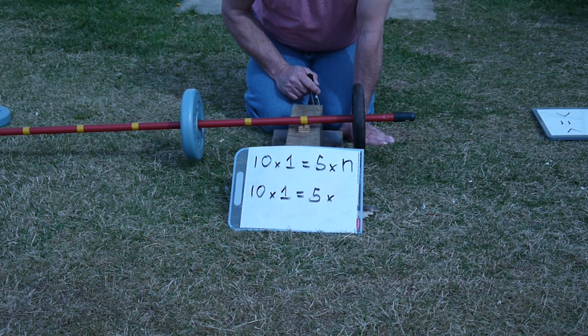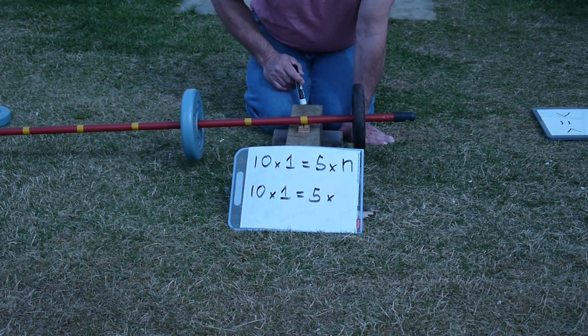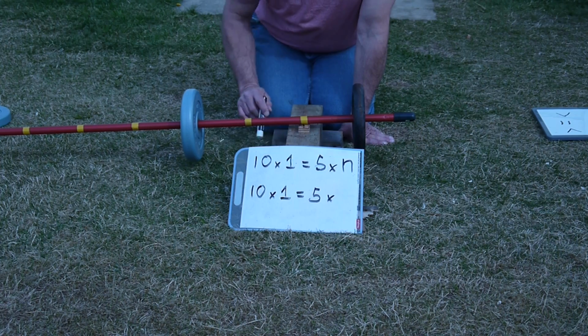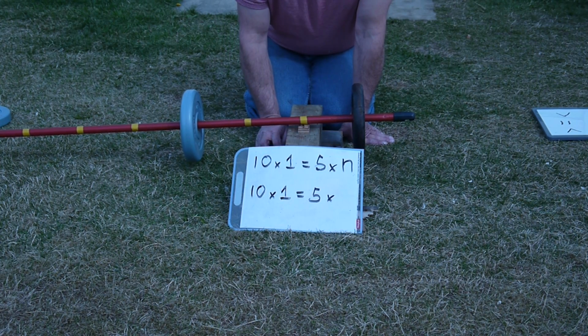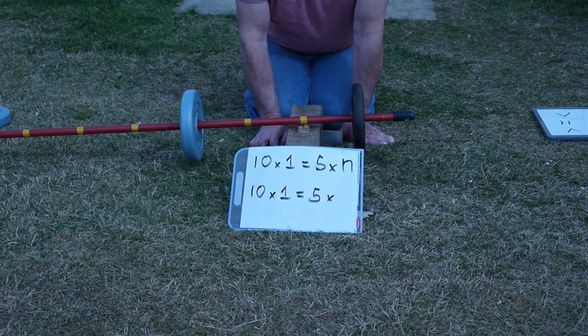make it balance. Now, by trial and error, I can try different numbers. I can put a 1 inside there. So 1 times 5 is 5. 10 times 1 is 10.